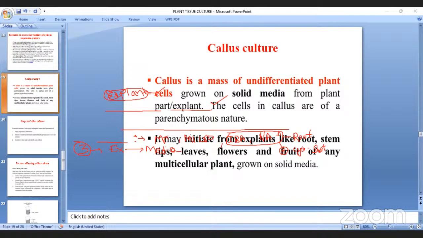Yes, sir, in the incubator. Not incubator, autoclave. Right. After preparation of media, we keep it in the autoclave for sterilization. And here the explant is sterilized and the media is also sterilized. Now the explant is introduced into the media. This is called inoculation.